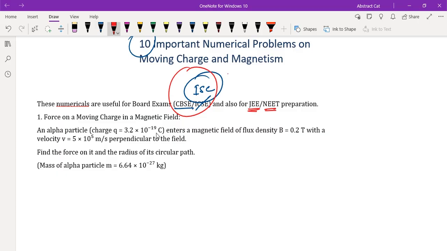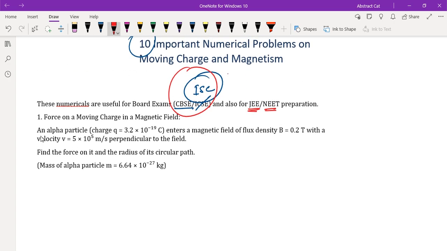So here we solve the first question, not the first chapter obviously; I think this is chapter number 4. Force on a moving charge in a magnetic field.